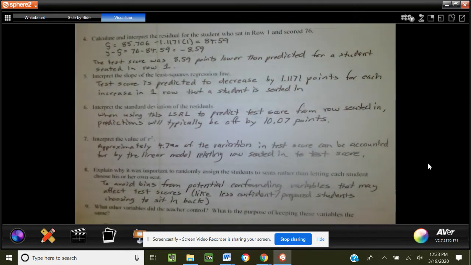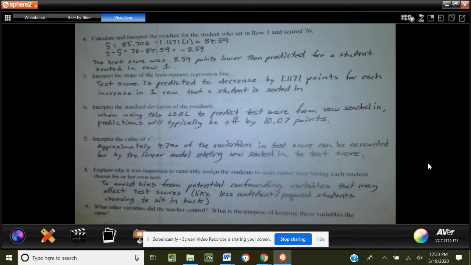Less confident or prepared students might choose to sit in the back, and that would be a confounding variable that would affect the grade but wouldn't be related to the row they're sitting in. So we do want random assignment just to avoid bias like that. You don't want people to choose where to sit in an experiment like this.